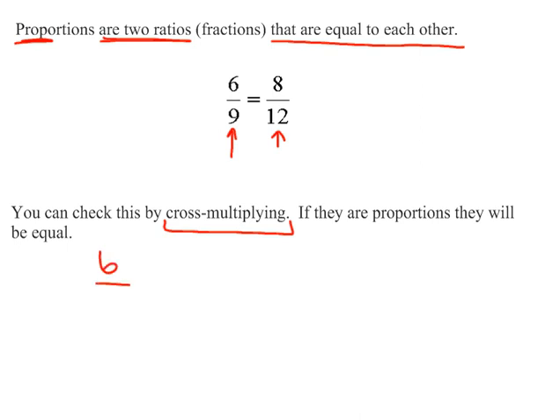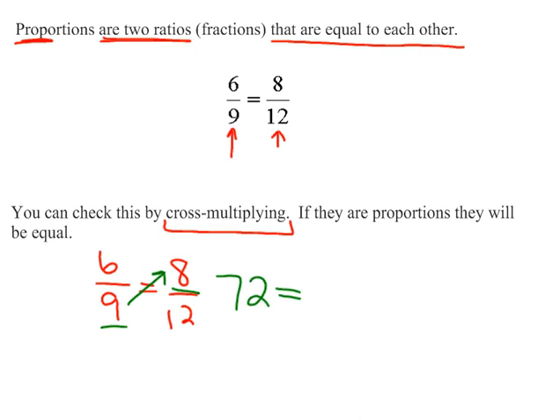So what we do is we have, in our example above, 6/9 and 8/12. What we want to do is multiply across, basically. Cross-multiplying means to multiply diagonally. So here we have 9 times 8, which is 72.